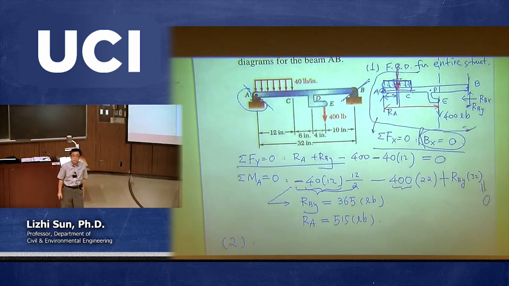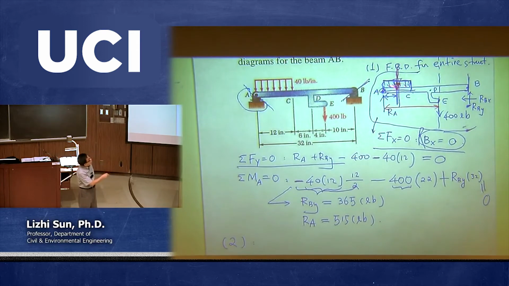The answer is no, because again, I'm telling you, when you see the original real structure with whatever force applied, you cannot make such equivalence first. You have to make the equivalence after you draw the free body diagram. And this, again, is not a free body diagram. This is a real structure with the pin and the roller support. This is not called the free body diagram. And this is the free body diagram, right?